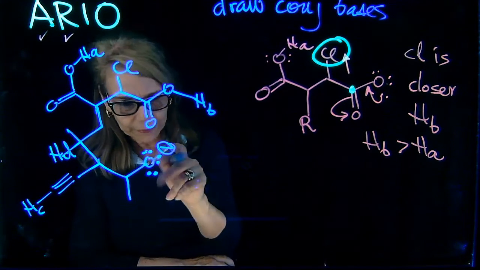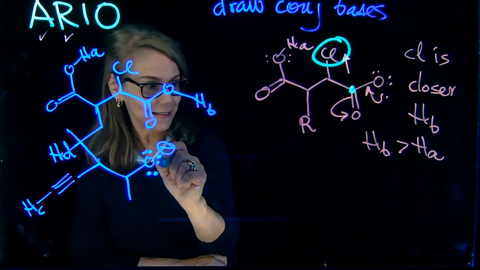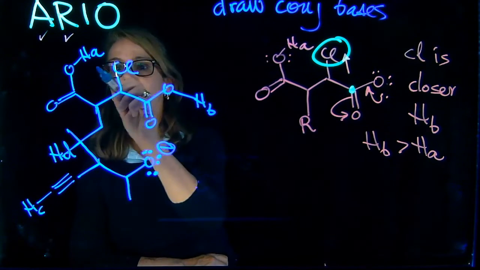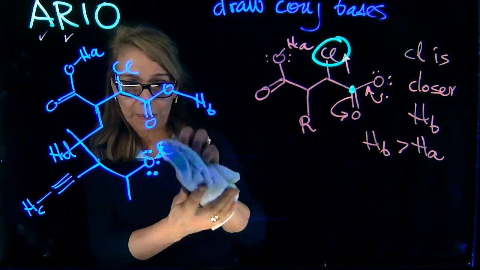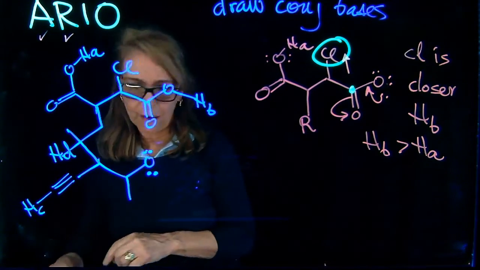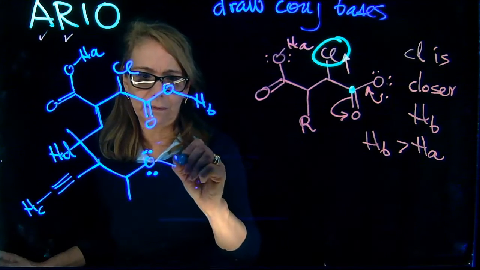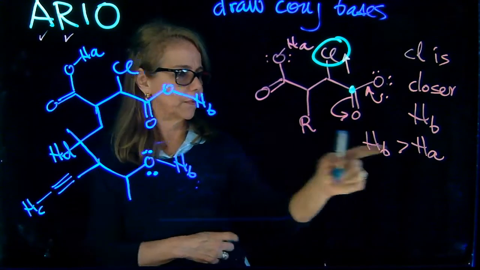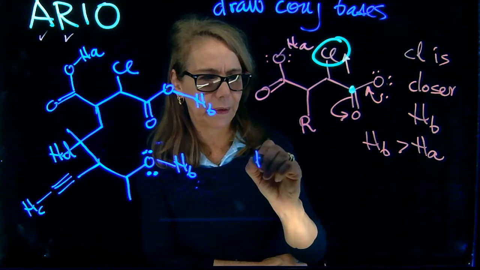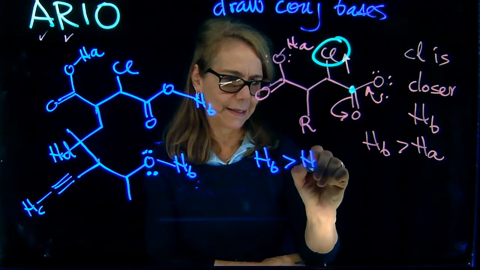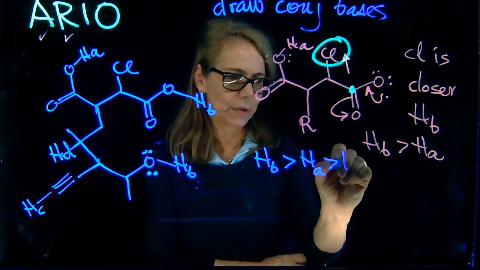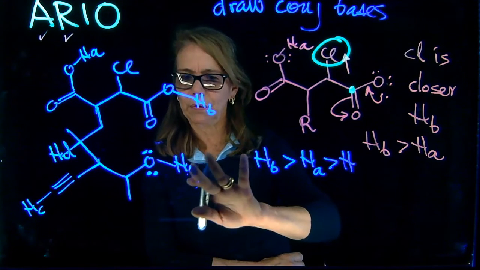So right there, this is less acidic than these two because hydrogens A and B had resonance. So I'm gonna put that hydrogen back, and now I can keep ranking. That was E. So keeping my ranking, I'm gonna say HB is more acidic than HA, and that is more acidic than HE.